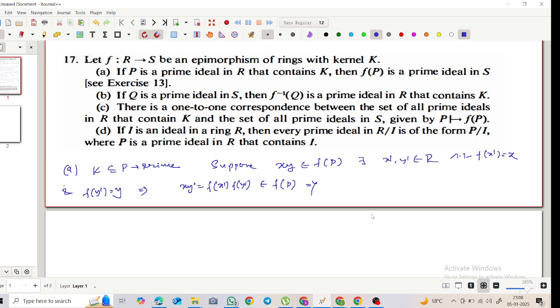I can use other ways, but I'm just trying to check this in an elementary way. R mod P is an integral domain, so S mod f(P) will be an integral domain too. But I don't want to go there actually. Otherwise, this is a direct check.